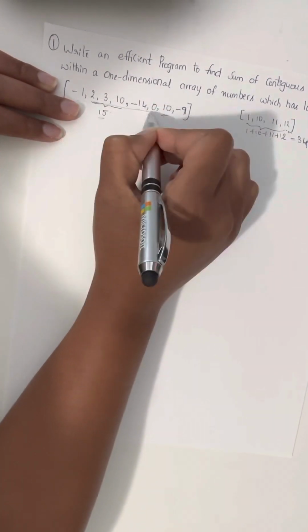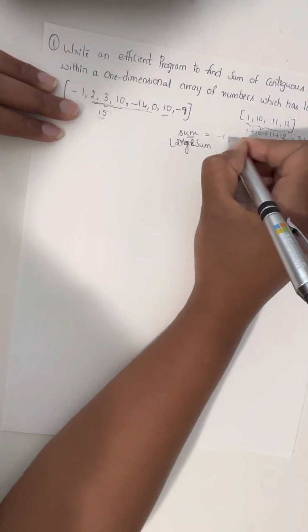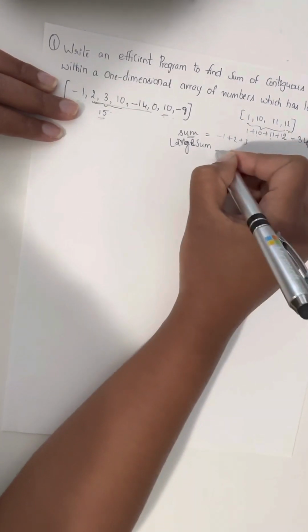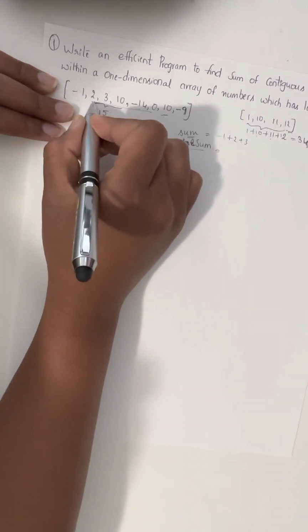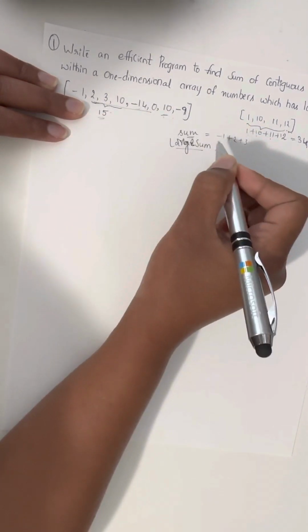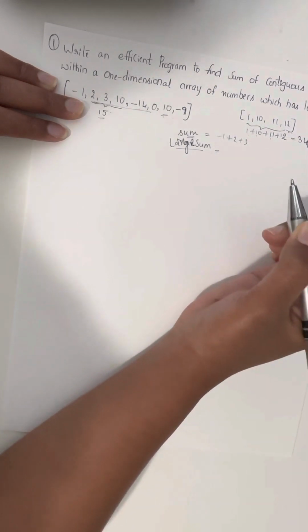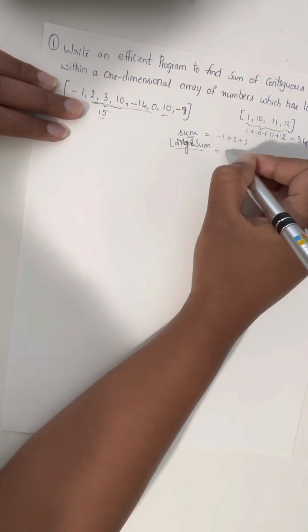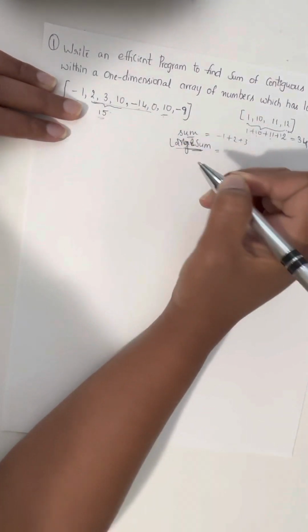We loop through the array and add the numbers like -1 plus 2 plus 3. And in the large sum, every time we go through each number, we add it to the sum, and we compare the sum with the large sum. Whichever is the largest number, we assign it to the large sum variable.